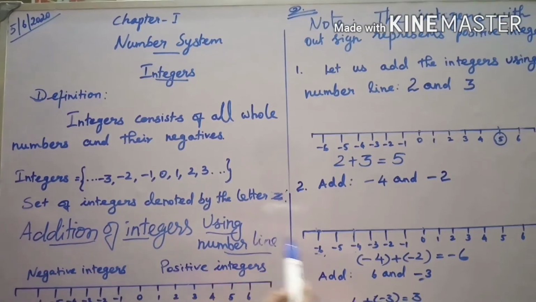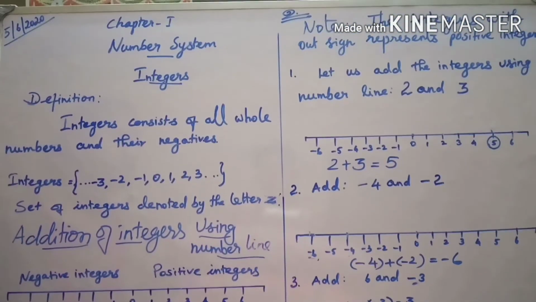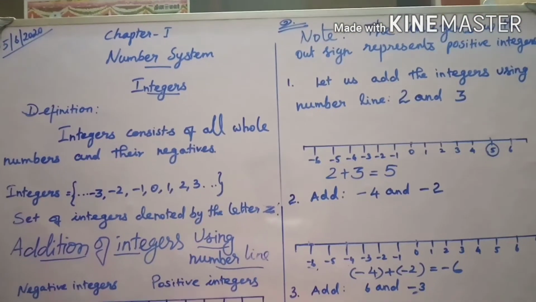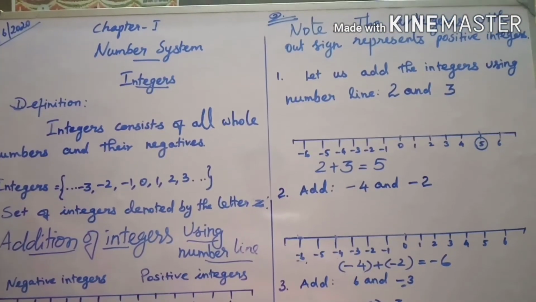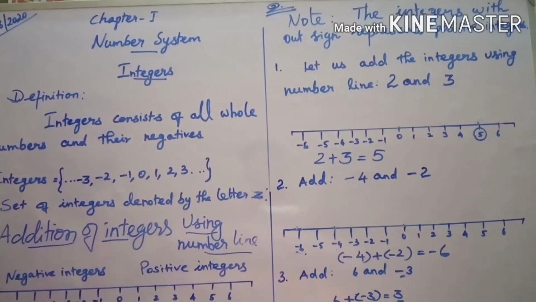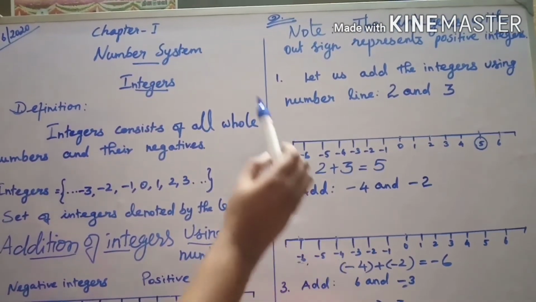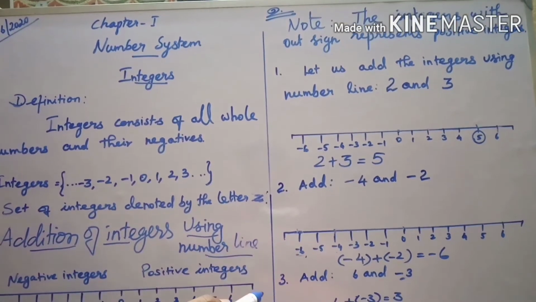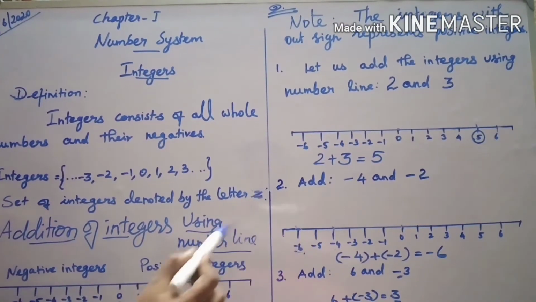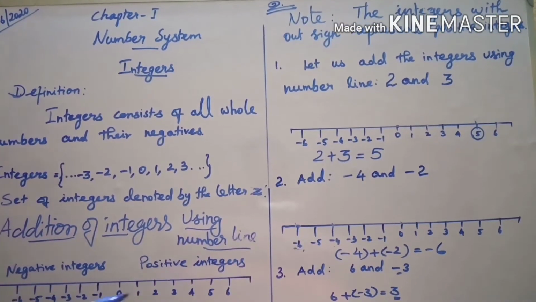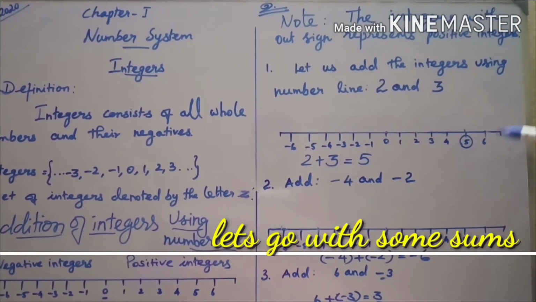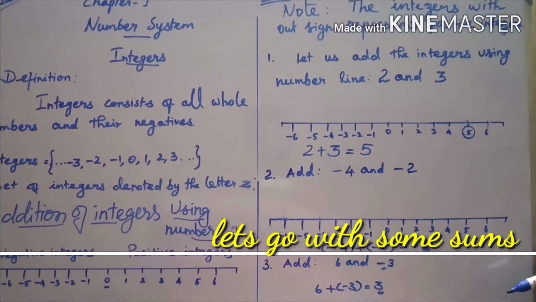One more note, important note is here. The integers without sign represent positive integers. Am I clear children? Now I will go with 3 types of sums. Here I am going to explain 3 types of sums.